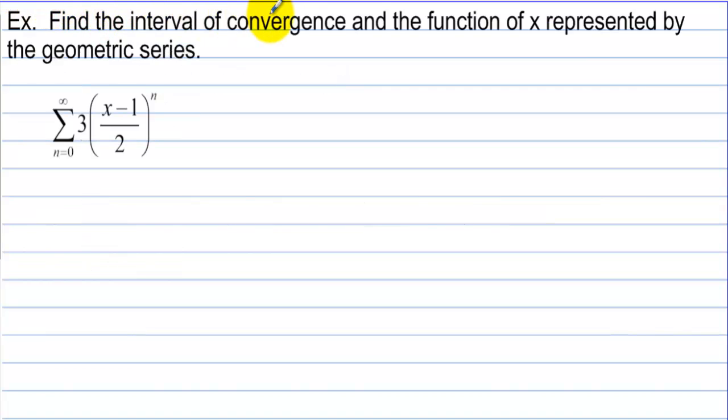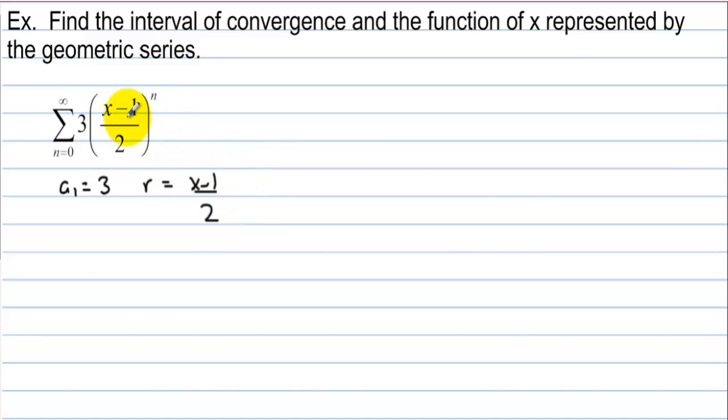Find the interval of convergence and the function of x represented by the geometric series. So we want the interval of convergence and then the function representation. This is a geometric series where a sub 1 is equal to 3. If you plug 0 in for n, this whole thing goes to 1. And r is equal to (x minus 1) over 2.